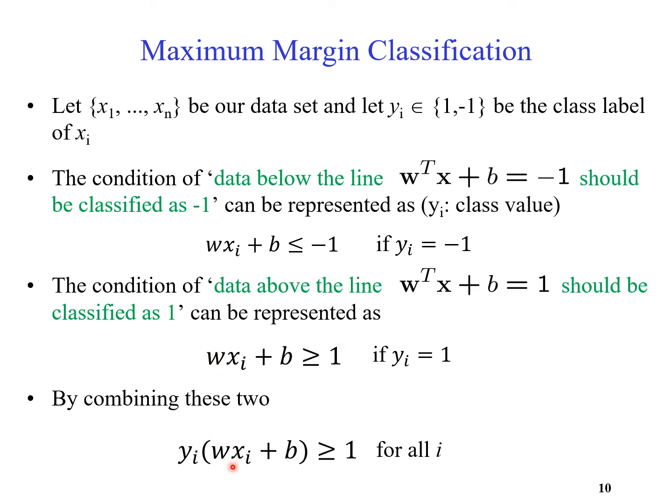And if y is -1, this whole thing becomes this. So now these two conditions can be combined into one condition like this. Finally, SVM is a line with maximum margin, and that maximum margin line should satisfy these conditions.